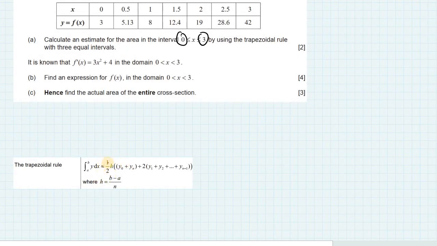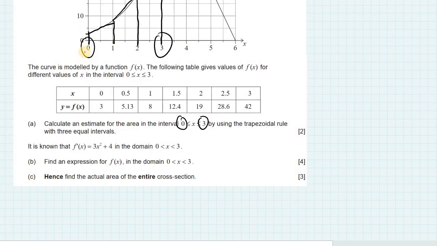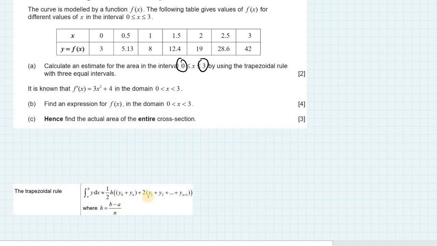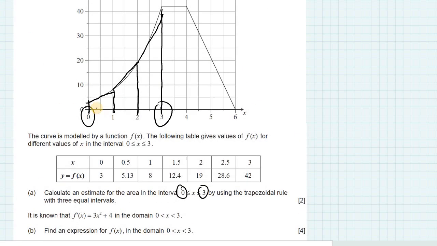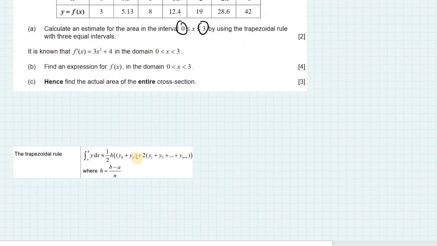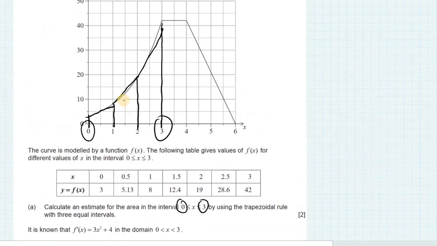The formula is half times the height, where the height is the interval length from 0 to 1, which is 1, times y0 plus yn, the first height plus the last height, plus 2 times all the heights between them. So let's put it into the formula.